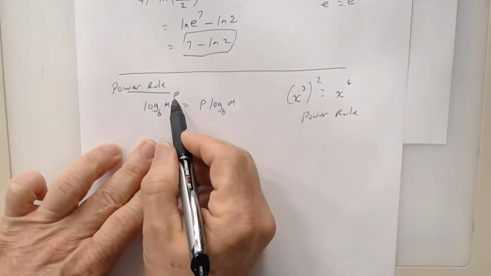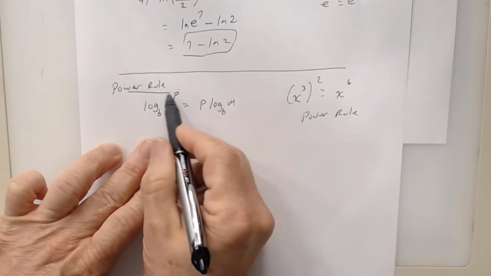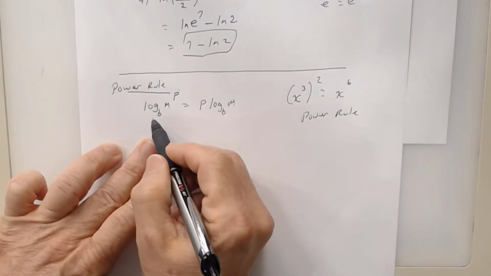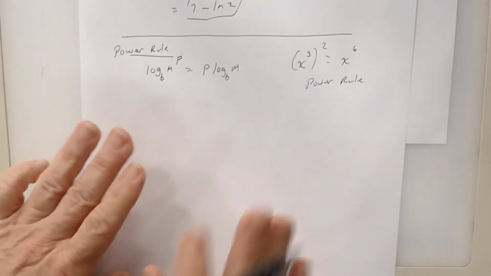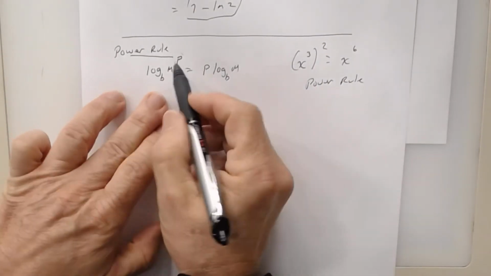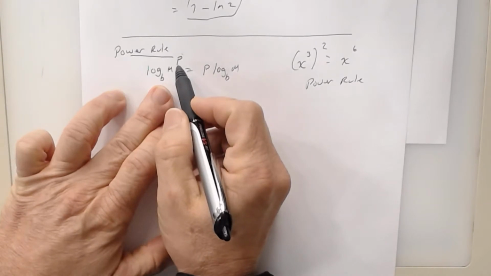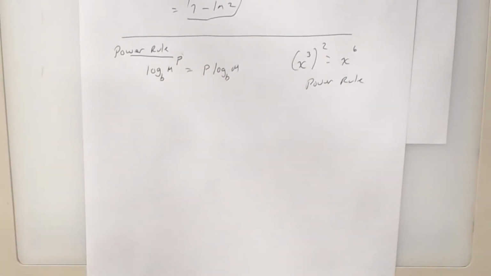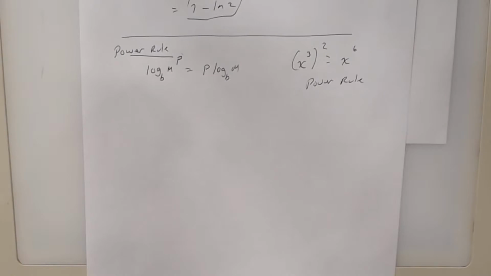So you take the power and you pull it out in front. Now, something you need to be aware of. That m to the p is your argument. So p has to be part of the argument.